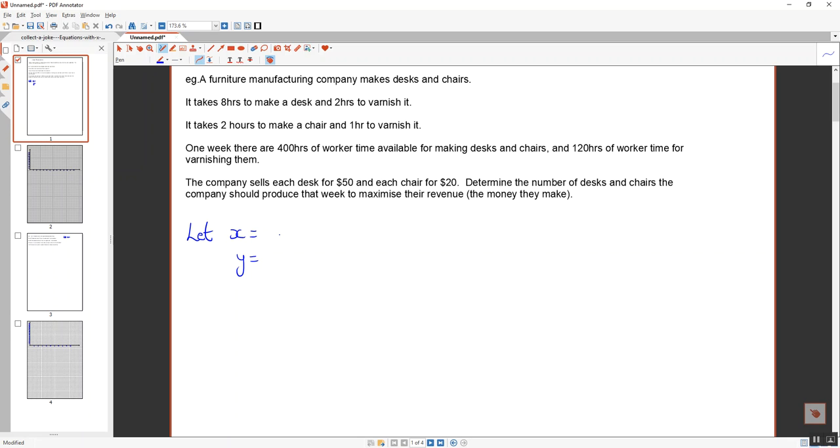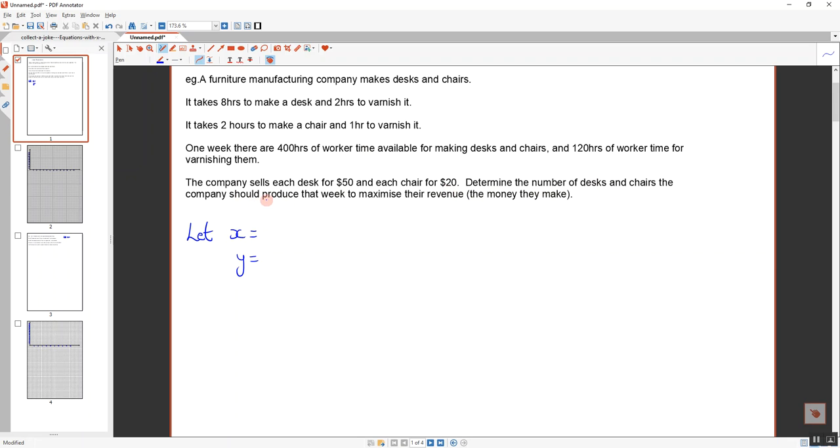So I'm told how long it takes me to make desks and chairs. But what I'm not told anything about is what? How many can be made, right? I'm not told anything about how many can be made. The question says, determine the number of desks and chairs that they can produce.